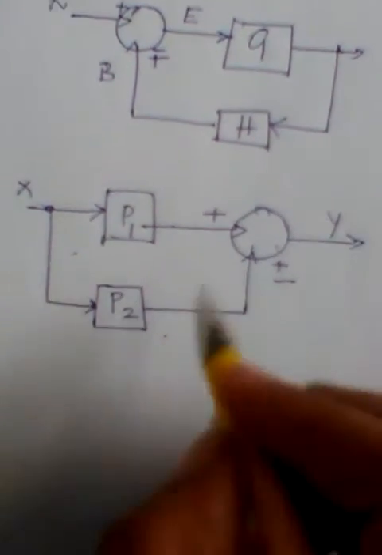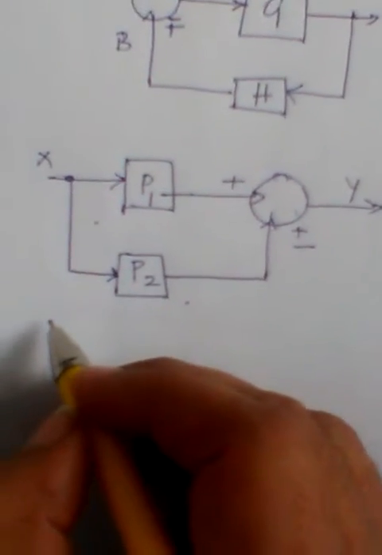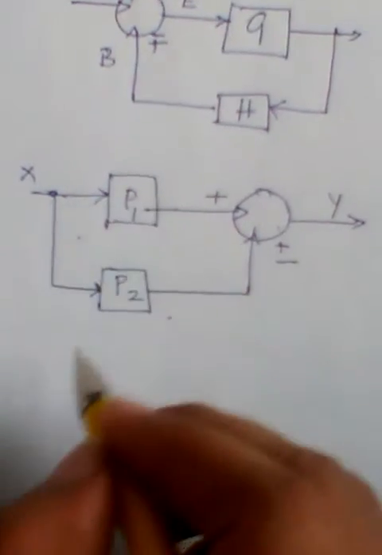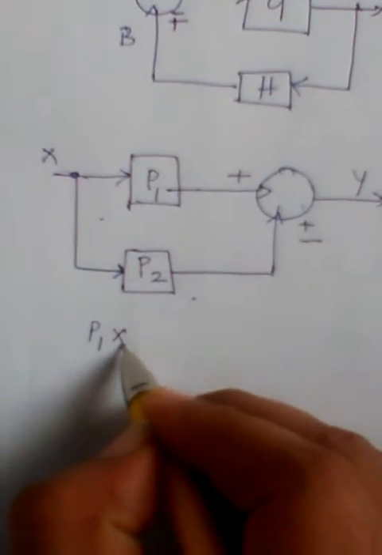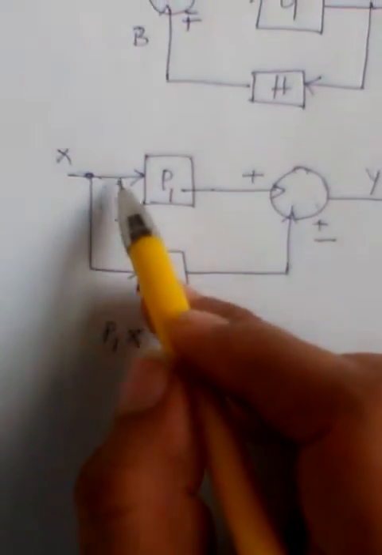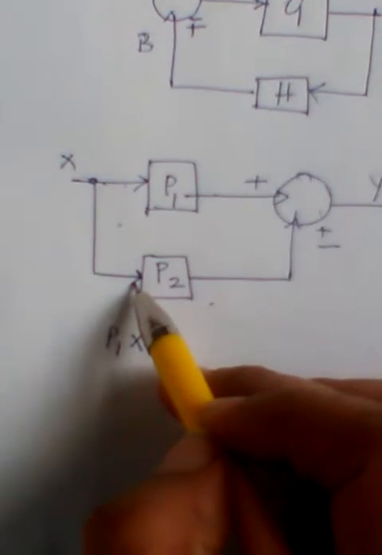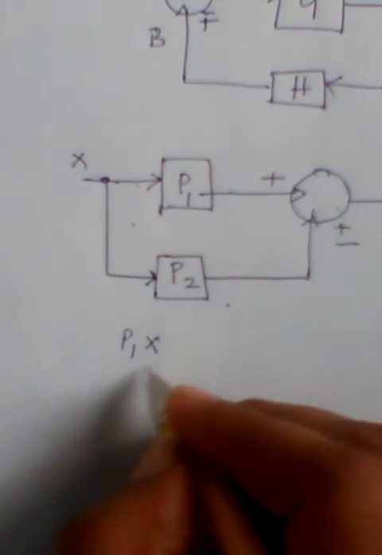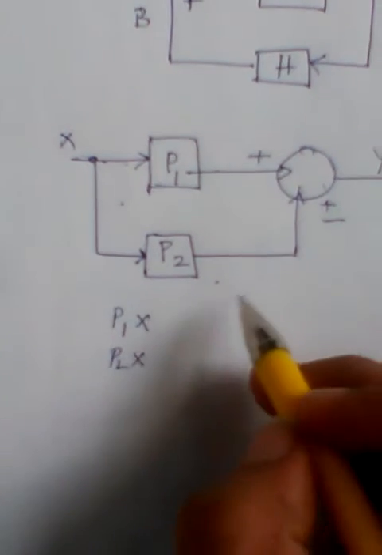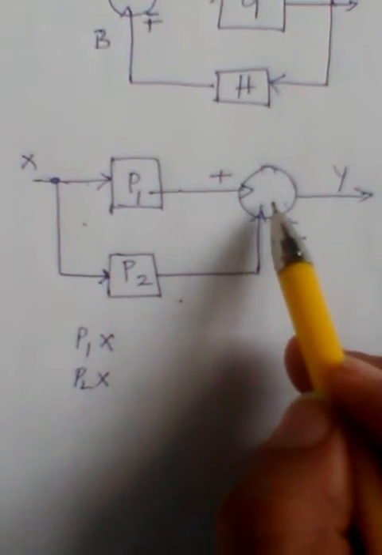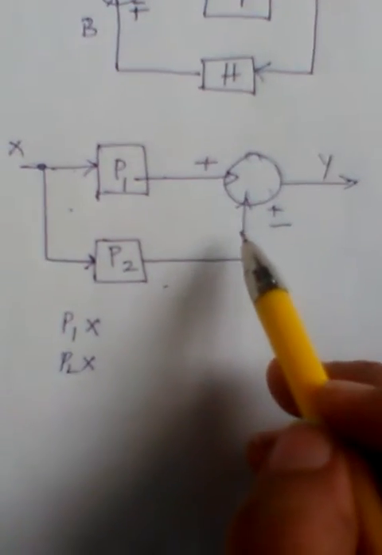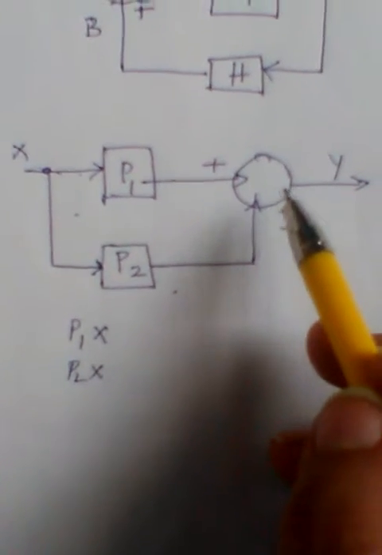How are we going to manipulate the signal if we want to process it individually? First we have the x entering the p1, then we have p1x, then we have the x entering the same path, you can see the arrow here, then we have the p2x.